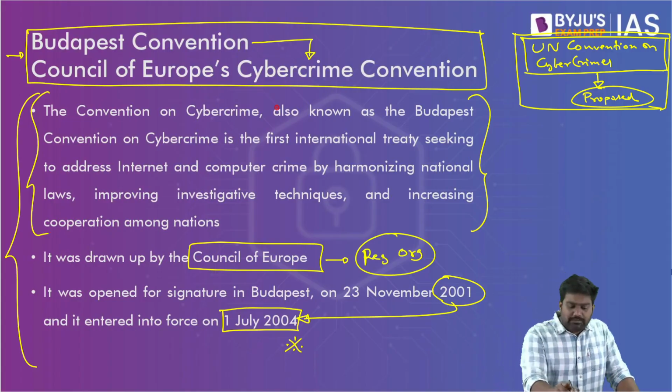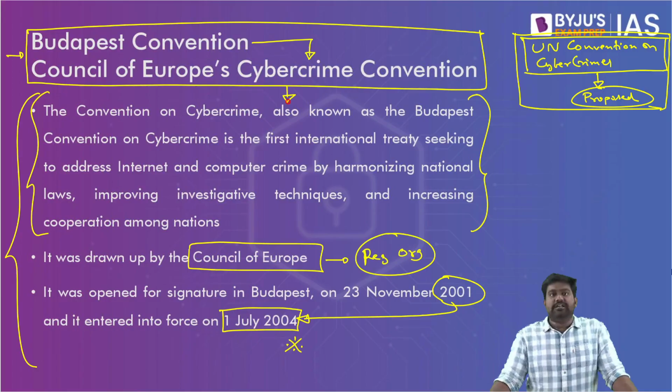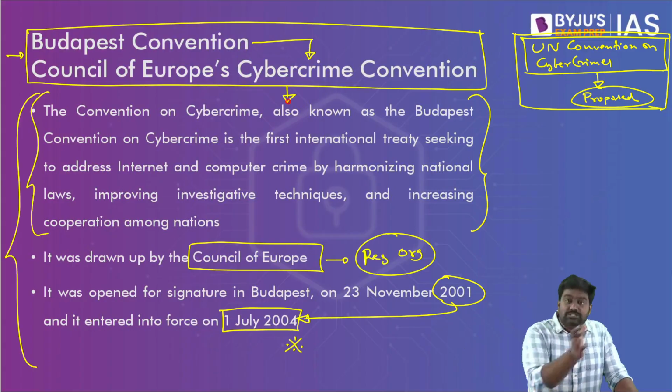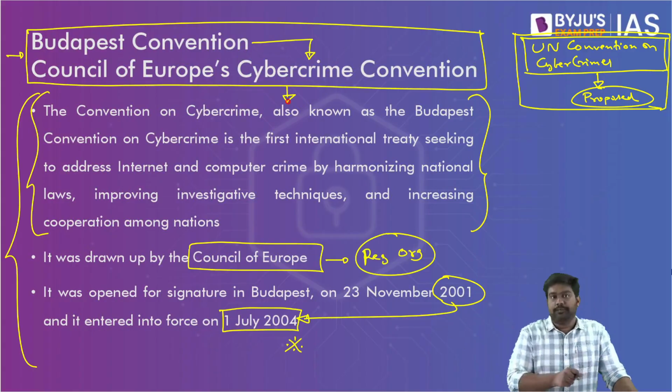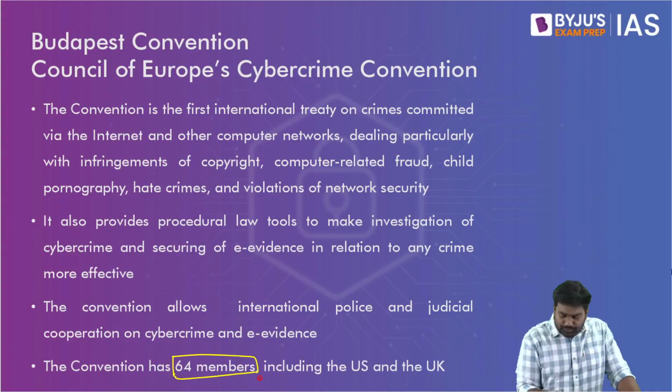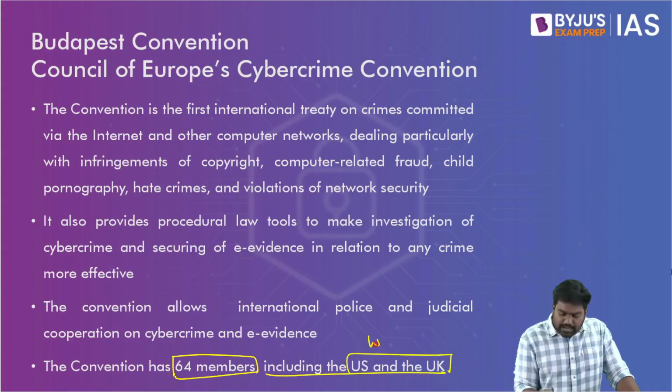Any kind of cyber crime is dealt with under the Budapest Convention. This is not from European Union. Don't get confused. EU is a different organization. This is Council of Europe, which is another regional grouping. So around 64 countries are part of it, but it's primarily led by Western countries. It's dominated by Western countries.